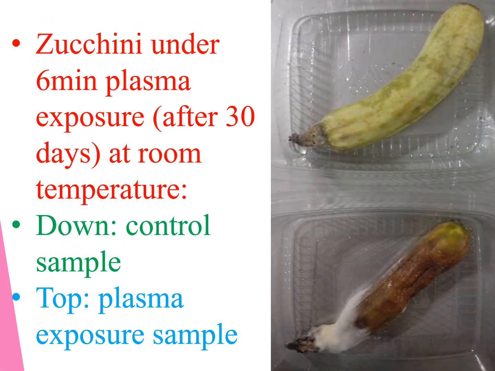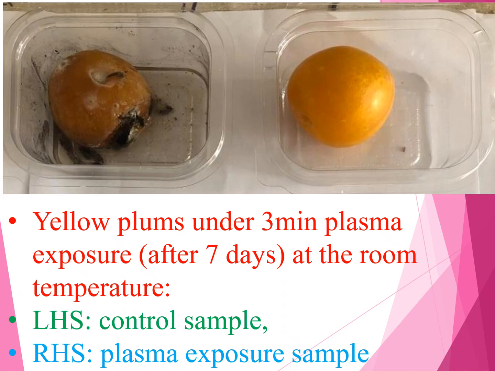These are zucchinis under 6 minutes plasma exposure after 3 days at room temperature. You can see the top one is the plasma exposure one, and it is still fresh. Same issue is there for yellow plums also.